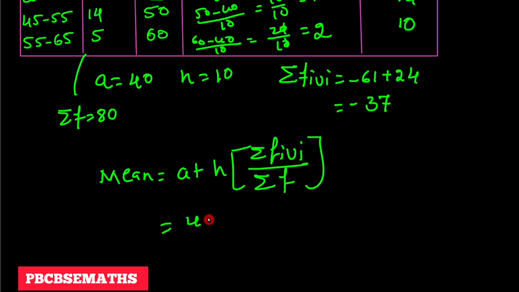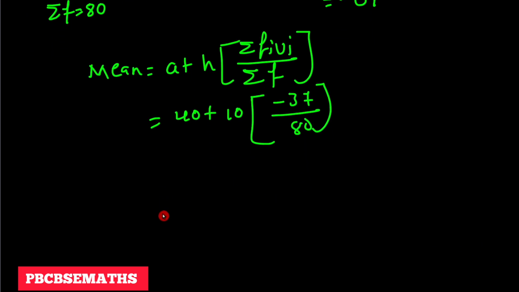The a value is 40 plus h value is 10 times summation of f i u i value, minus 37 by 80. So this can be further calculated as 40 plus, here we can cancel this 0 and this 0. Then we are left with minus 37 by 8.